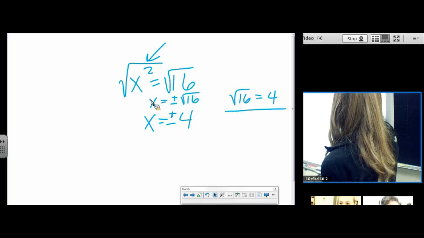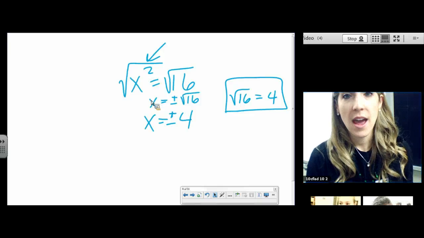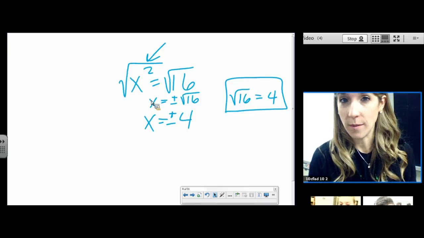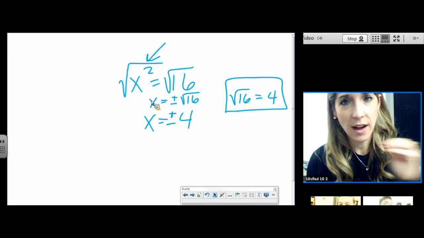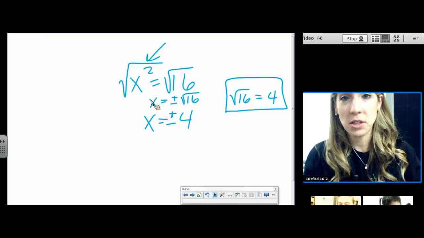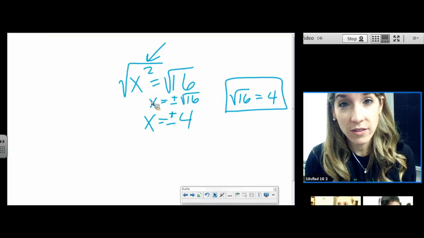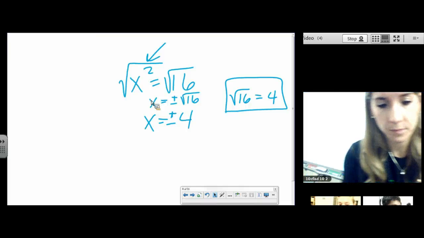The answer is just 4. Because it's not plus or minus the square root of 16. It's just the square root of 16, which is 4. So I hope you understand the difference. If you're solving for x, and you have x squared equals a number, then x is going to have 2 answers. If I just come up to you and say, what's the square root of 25? The answer is plain old 5, not the negative, okay?